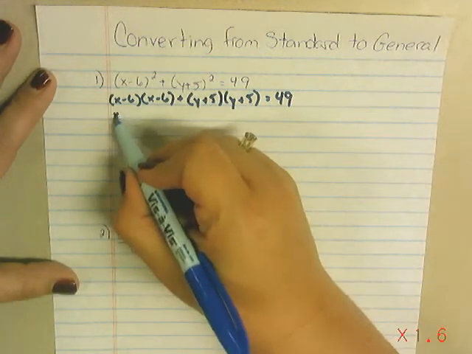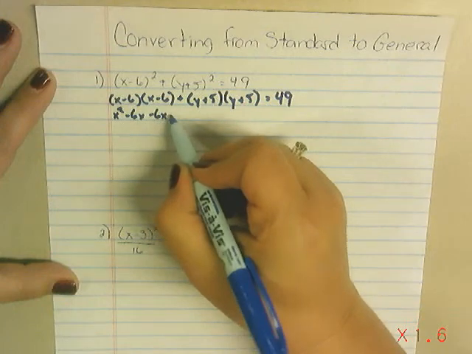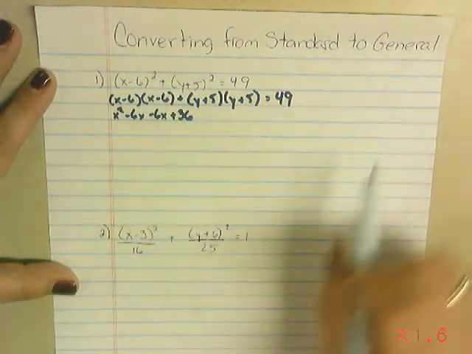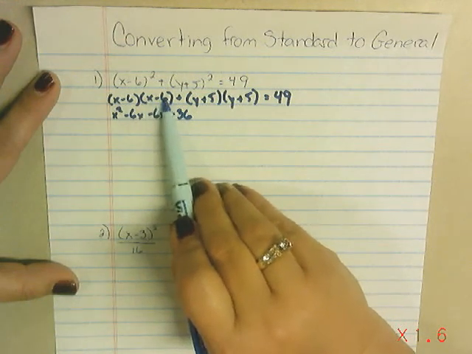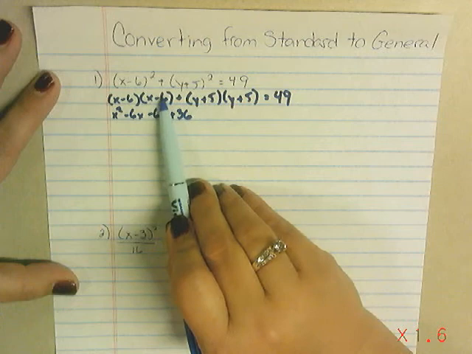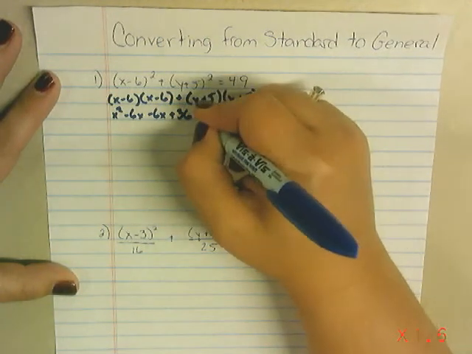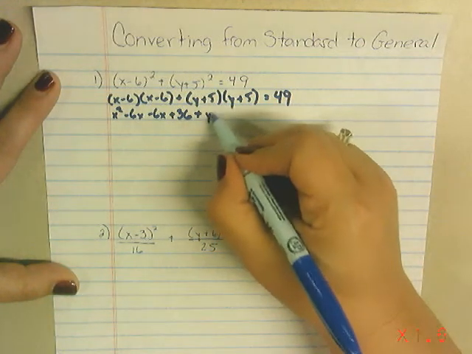So we get x squared minus 6x minus 6x plus 36. I take the x and distribute it onto both of those. Then I take the negative 6 and distribute it onto both of those. Then I do the same thing back here with my y's. Y times y is y squared.